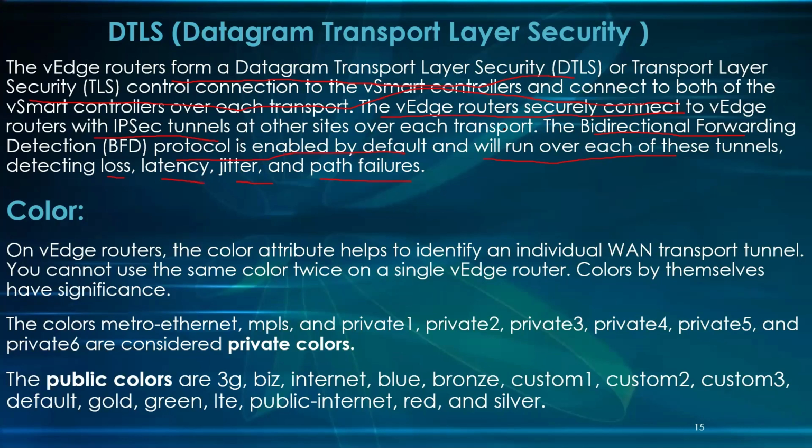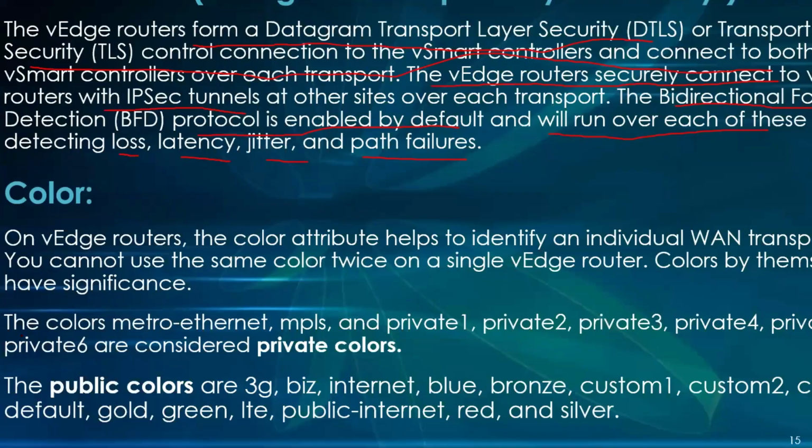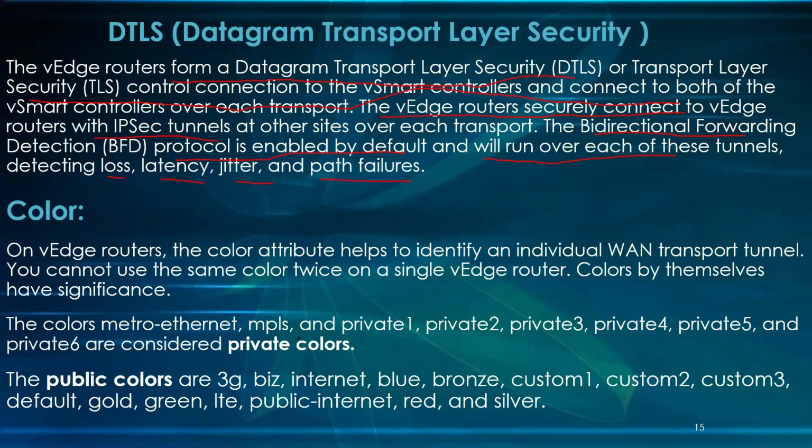For example, the colors metro ethernet, MPLS, private 1, private 2, private 3, private 4, private 5, and private 6 are considered private colors. So colors are split into two parts: one is private, the other is public. The public colors are 3G, biz internet, blue, bronze, custom 1, custom 2, custom 3, default, gold, green, LTE, public internet, red, and silver.